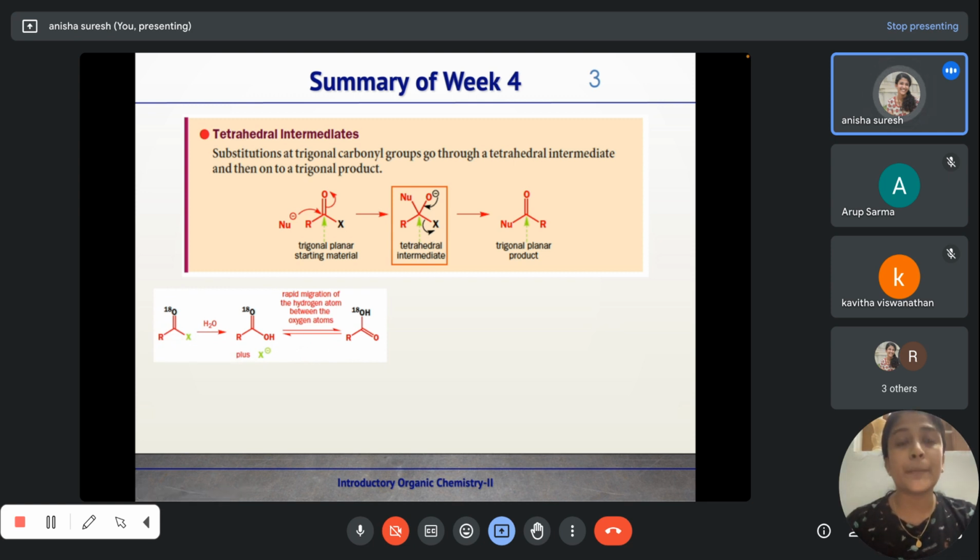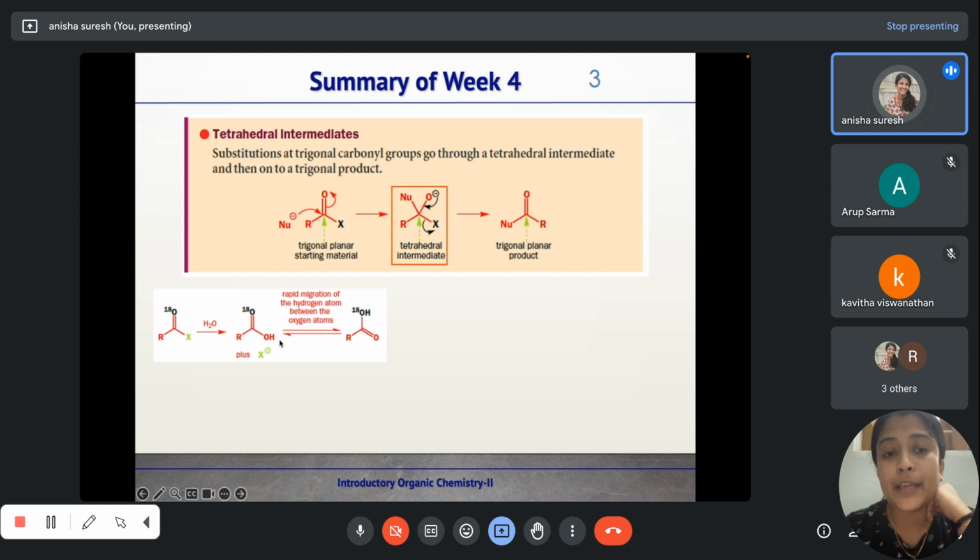Now, how was the mechanism derived? To understand the reaction mechanism, they substituted the carbonyl oxygen with the O18 isotope of oxygen. Upon reacting with water, which has a lone pair on oxygen, it can add to the carbonyl carbon, follow this reaction pathway, and replace the X group, resulting in the formation of this compound.